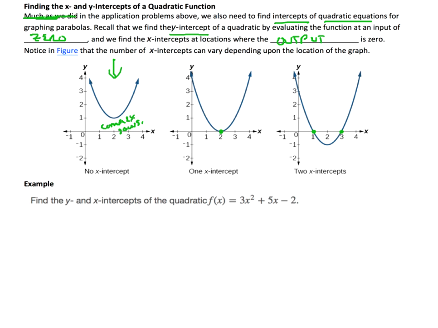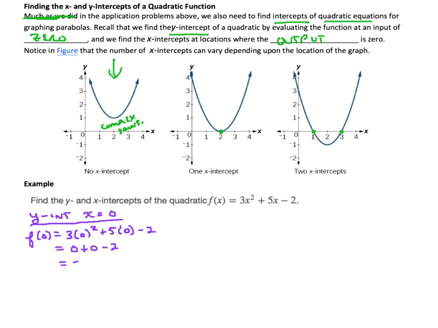Okay, so we're just asked here to find the y and the x-intercept. So we'll start with the y-intercept because that one's easier to find. For the y-intercept, you want to plug in an x value of 0. So f of 0 equals 3 times 0 squared plus 5 times 0 minus 2.